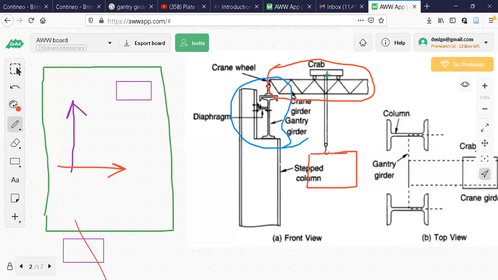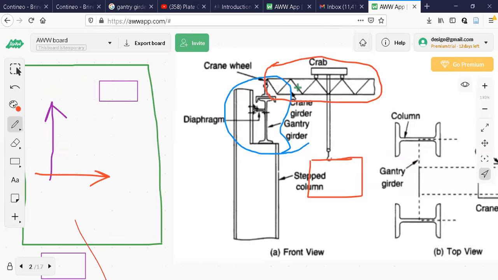So this crab is capable of... Sir, crab will go in the x-axis, right, sir? Yes, yes. That's what crab is, see, in these images. It's looking a bit confusing, sir. No, no, I already told you that even after this one hour, you may not follow much.